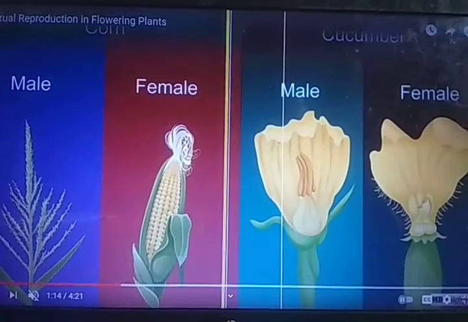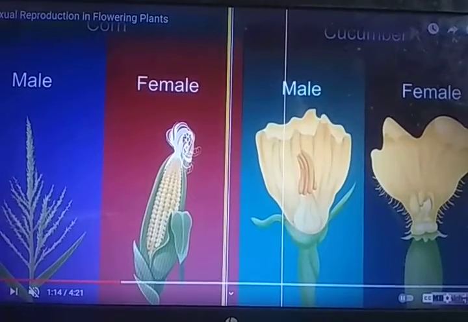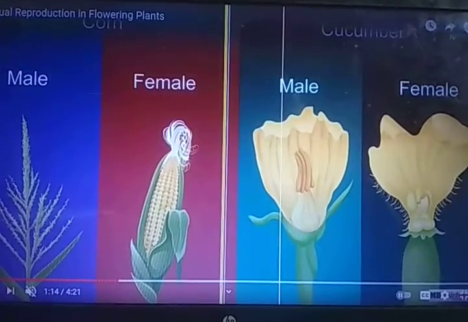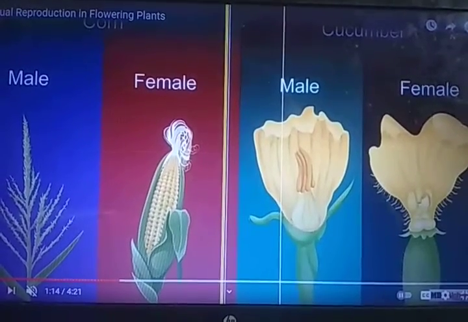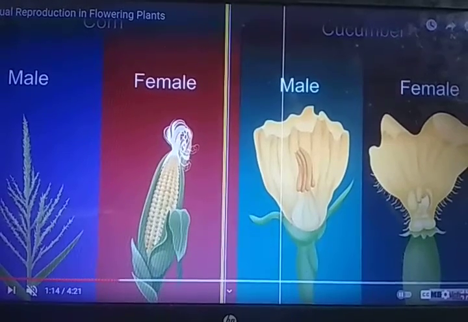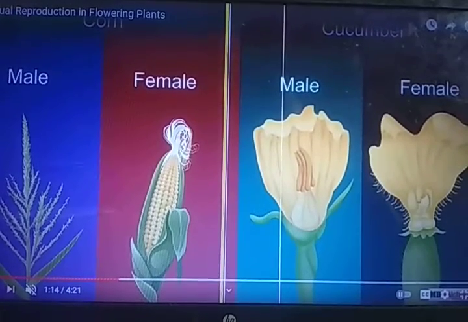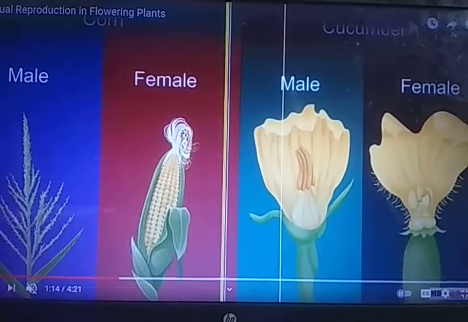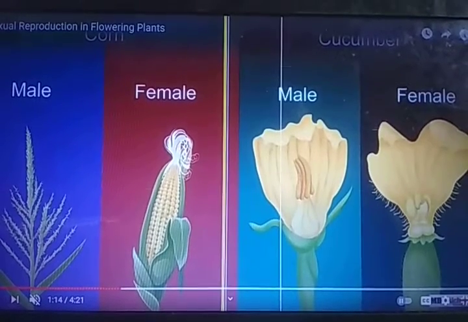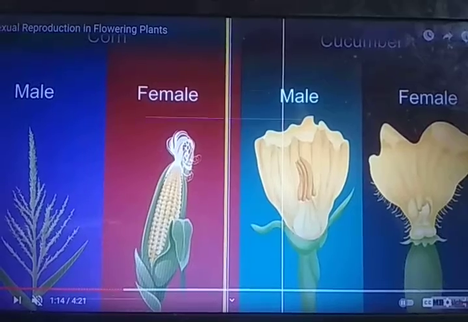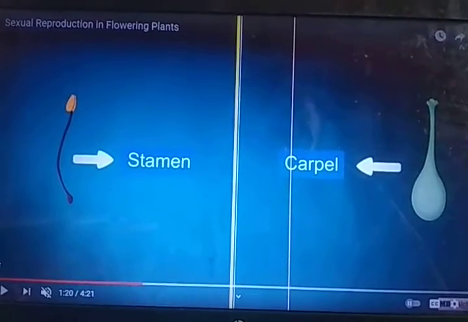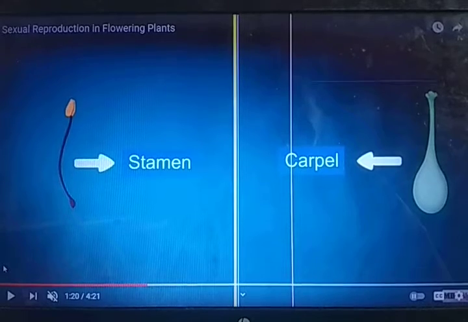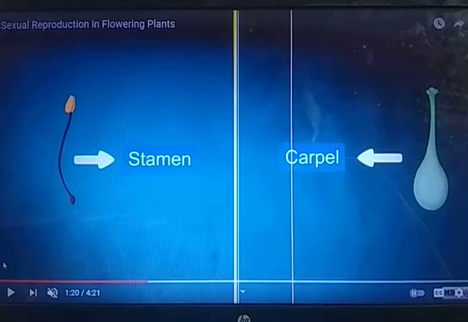And cucumber, the same thing, including pumpkin. I hope you observe this pumpkin. This is the male part, which you'll sometimes see being sold in the market, and the female part which produces a fruit. Once again, what is the stamen and what is the carpel? These are the male and female reproductive parts of a flowering plant.